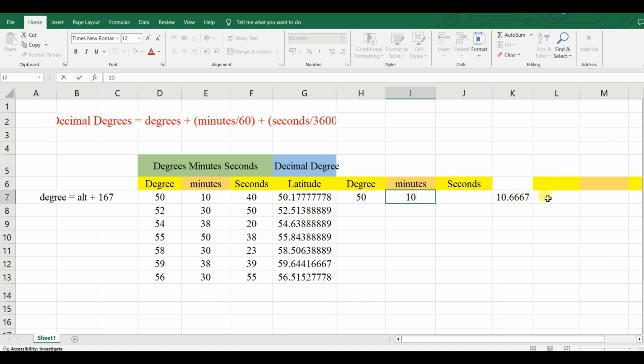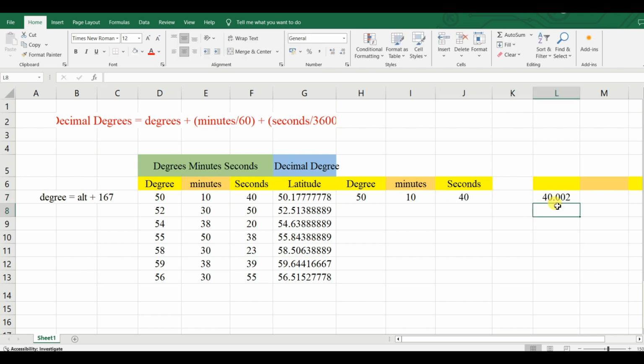And for the second value you need to type equal to, and then after the point value, means 0.6667 into 60, and before the point that will be the 40.